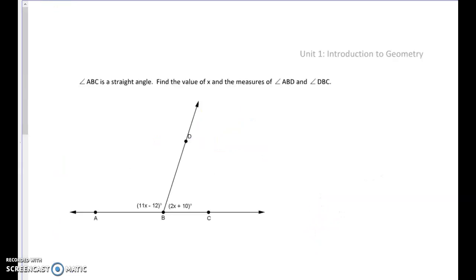All right, let's take a look at this guy. This is another example of the angle addition postulate. Here they give the information that ABC is a straight angle. Now we learned several lessons ago that straight angles have a measurement of 180 degrees, so that will be useful. I want to find the value of x and the measures of ABD and DBC. Now I'm going to use my part plus part equals whole, the angle addition postulate, in order to help me solve this.